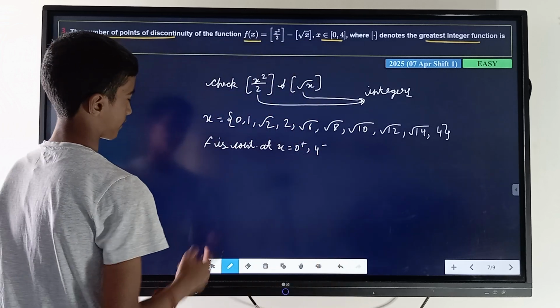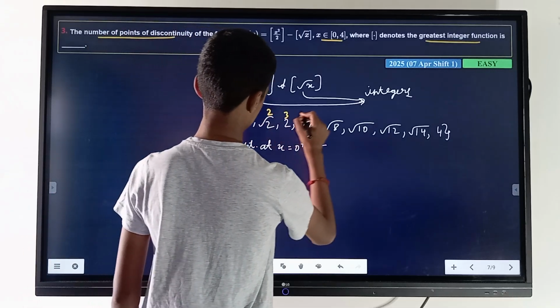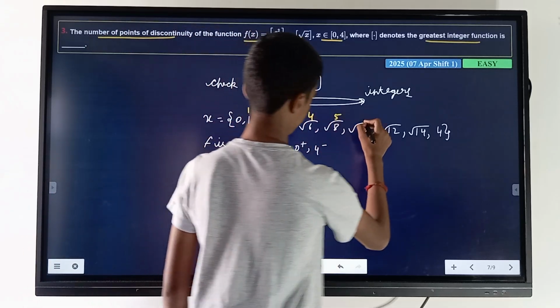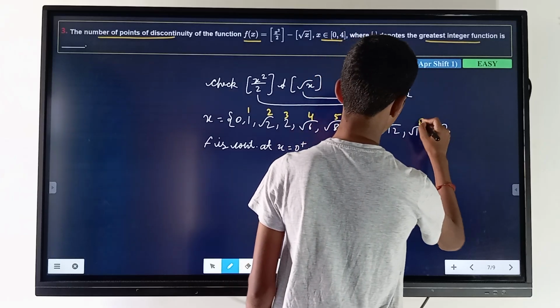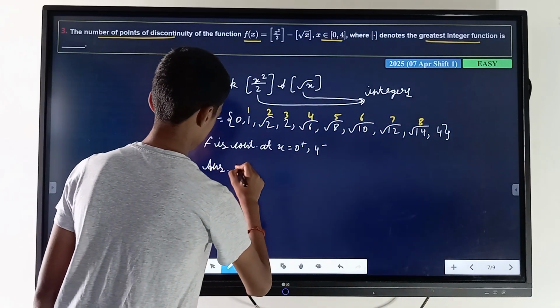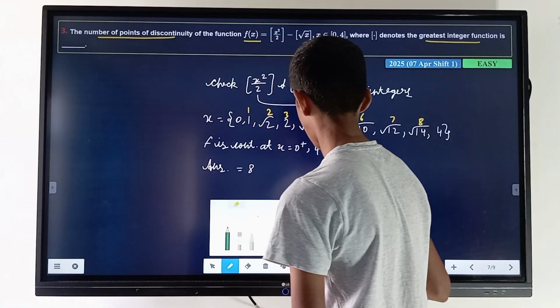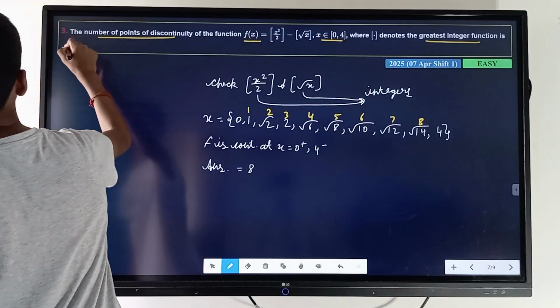So the remaining points are 1, 2, 3, 4, 5, 6, 7, 8. From here our answer is equal to 8. So from here our answer will be 8.